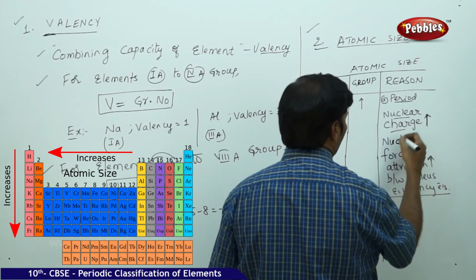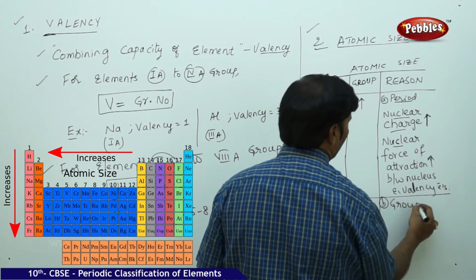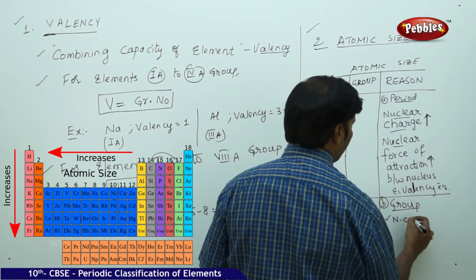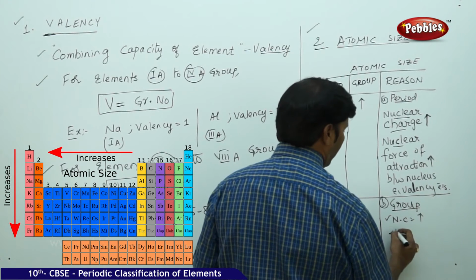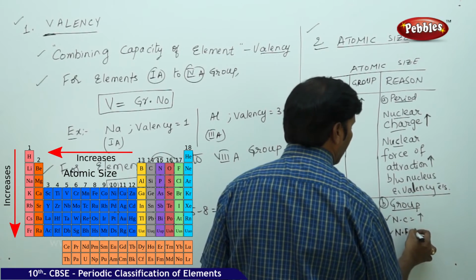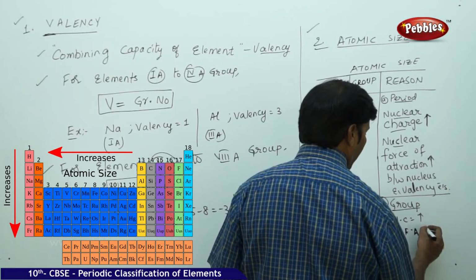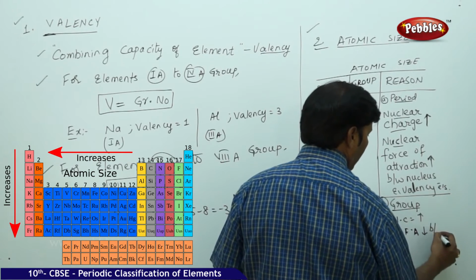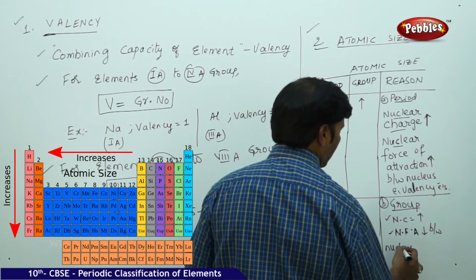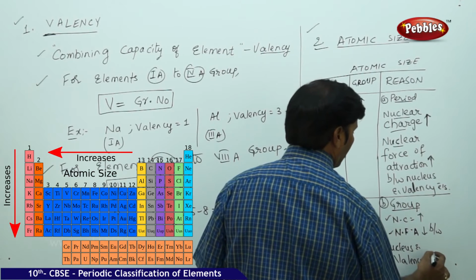If you go for a group, that is B, in group you find that nuclear charge, NC stands for nuclear charge, increases, nuclear force of attraction, NFA, decreases between nucleus and valency electrons.